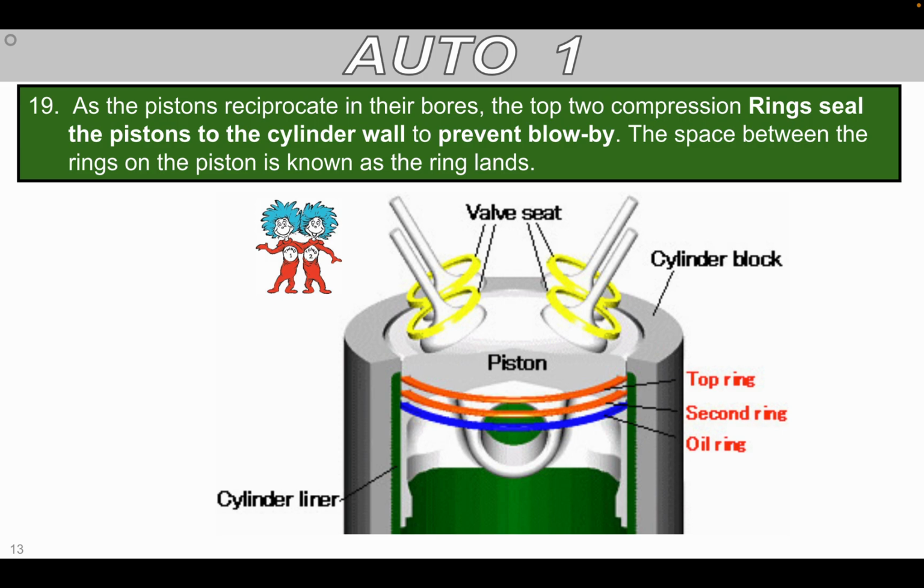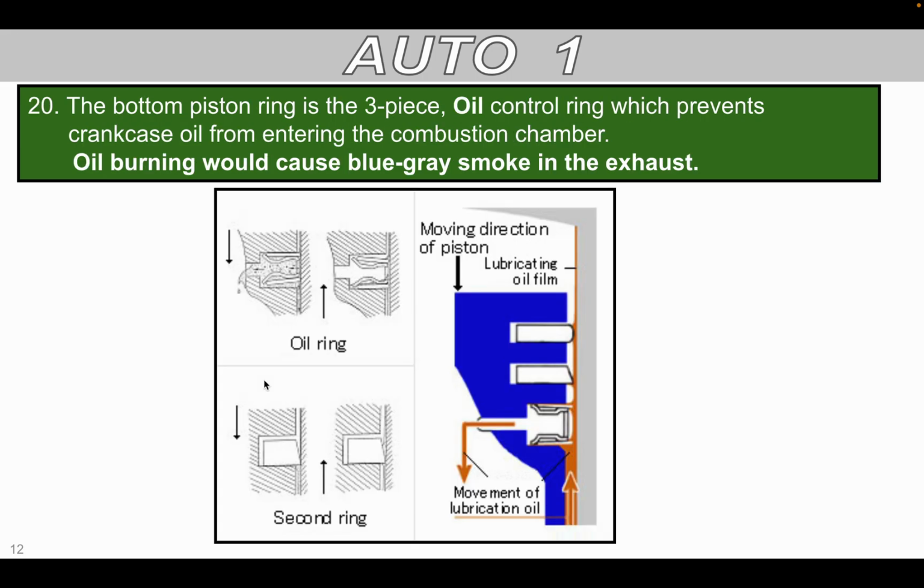So the 3rd ring is what's considered an oil control ring. Okay? This oil control ring right here, if you were to slice this in half, is literally scraping the cylinder wall, and any oil that was splashed up here is actually going to be controlled, and this is preventing oil from getting up into the combustion chamber.